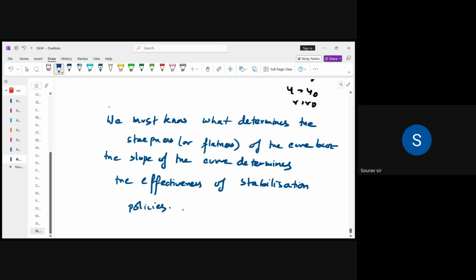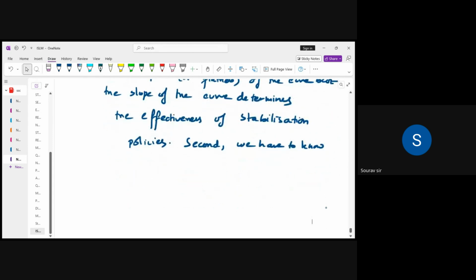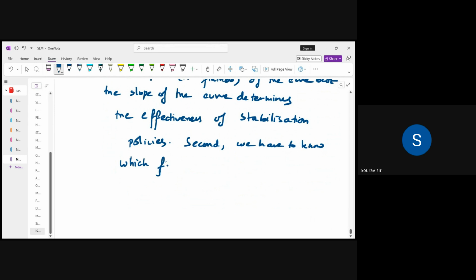And second, we have to know which factors shift the LM curve. So first, factors determining the slope of the curve.